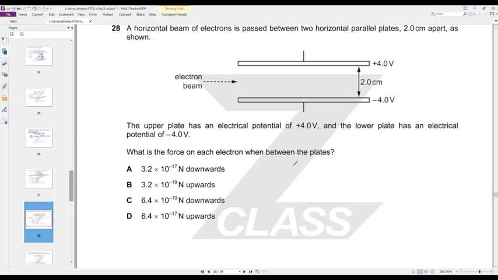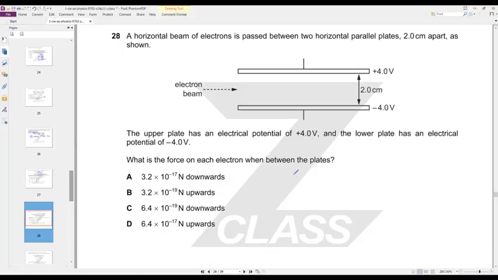We have a beam of electrons. Okay, so this is just nice and simple electrical force. So we have an electric field, which is a potential difference divided by the distance. So 8 over 2 should be 4, and then you're looking for your electron charge multiplied by that.